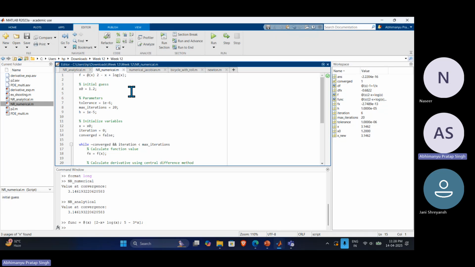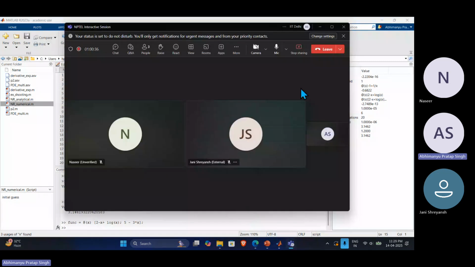So usually we take sizes in the range of 10 to the power minus 6, minus 5, minus 8. Very small sizes. Just make sure that you are not getting any round off errors creeping into the Jacobian, and you are fine to go. Okay. Yeah. So that is what I'm doing in this code.